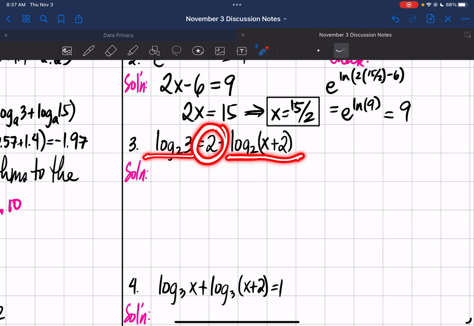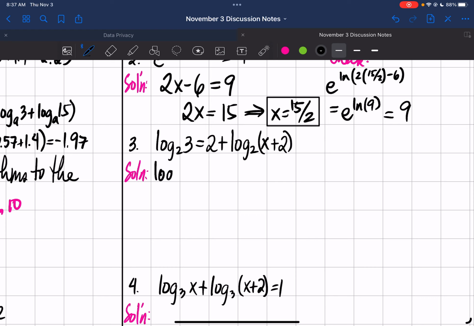However, this one is not written as log base 2. So, we have two possible approaches here. First, you can move this to the other side, then write it as a single logarithm, then solve the equation.